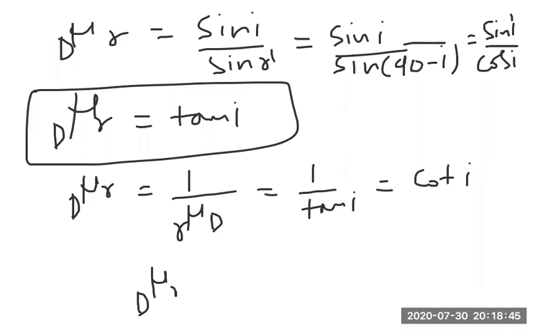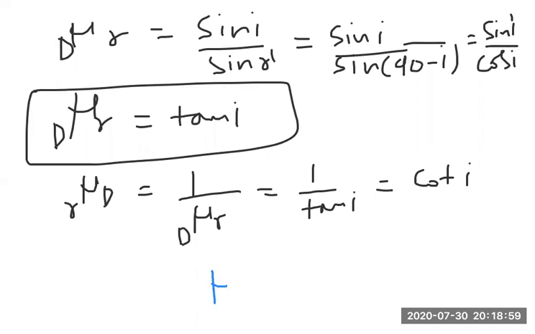One minute, I have made a small mistake here. I have to write here mu, on this side denser and this side rarer. So 1 by mu rd is equal to 1 by tan I is equal to cot I. Now it's clear. So mu denser to rarer is equal to cot I.